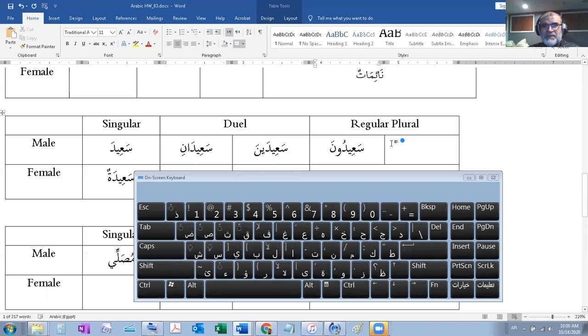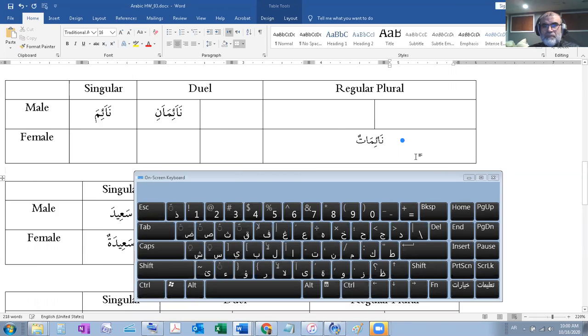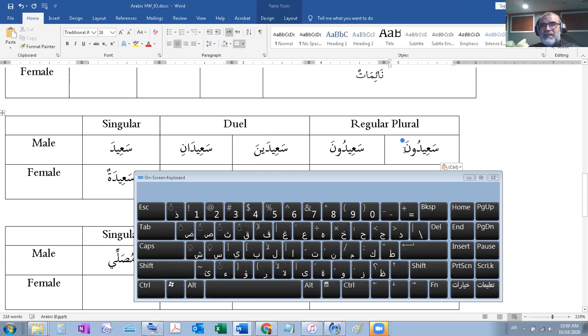So I can copy this and add ياء نون. So instead of سعيدون, instead of واو it becomes a ياء.